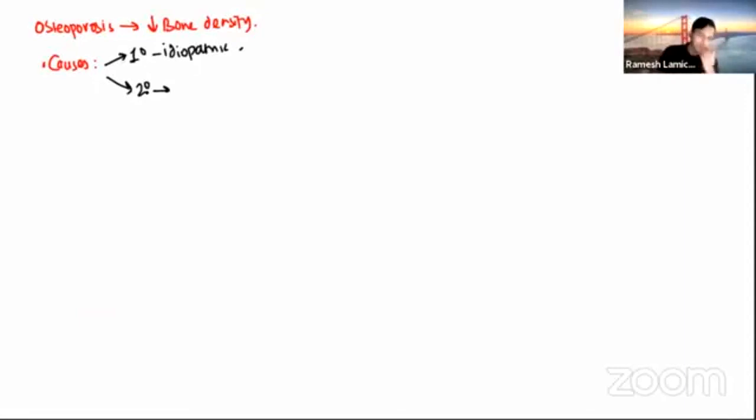We can remember the causes by the mnemonic HINDER. H is for hematological causes like leukemia, lymphoma.